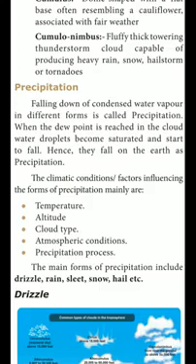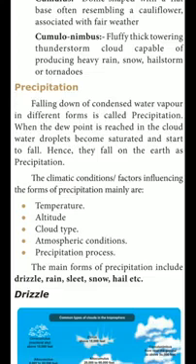The factors are temperature. Due to temperature also it will change, isn't it? Next, altitude, cloud type, atmospheric condition and precipitation processes. The main forms of precipitation include drizzle, rain, sleet, snow, hail, etc.